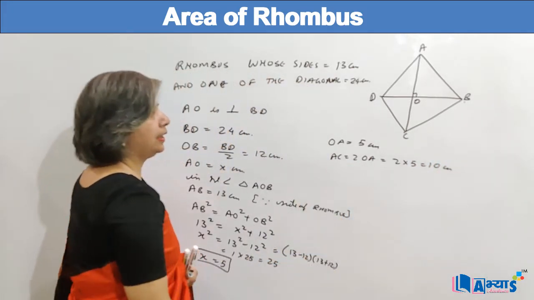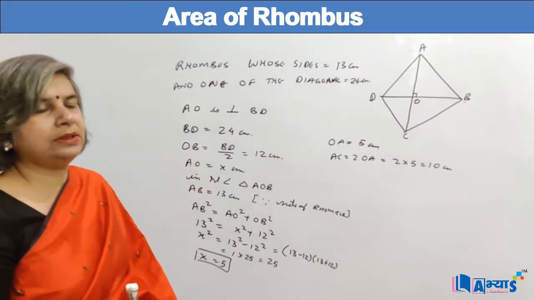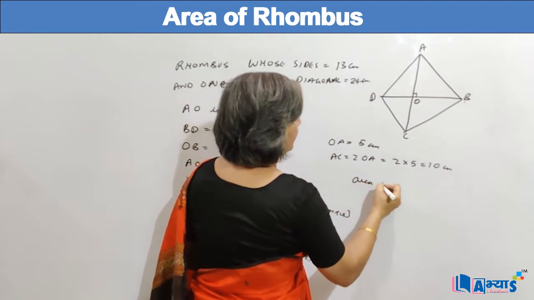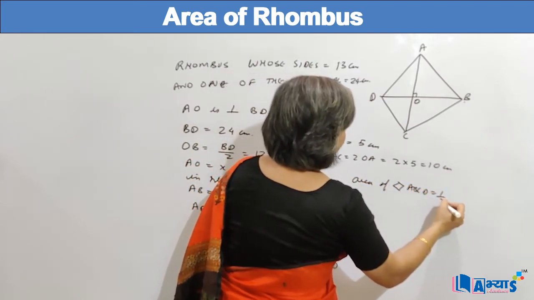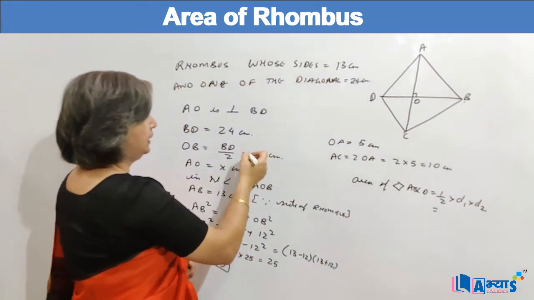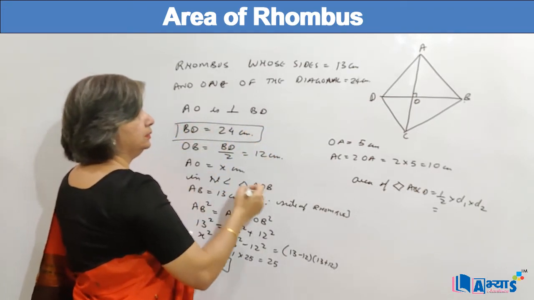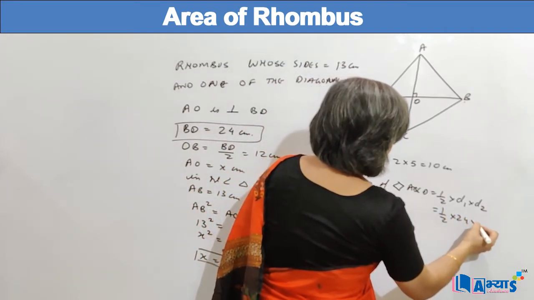Now we know that the two diagonals are, first diagonal 24 centimeter and the other diagonal 10 centimeter. So the area of rhombus ABCD is equal to half into D1 into D2. So it is half into 24 into 10.